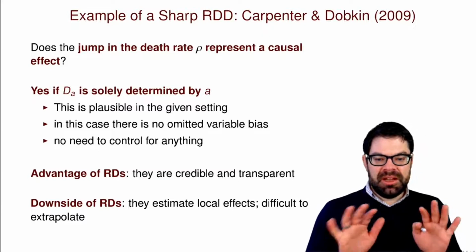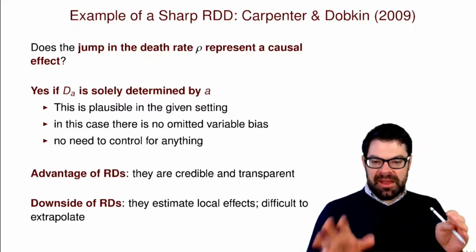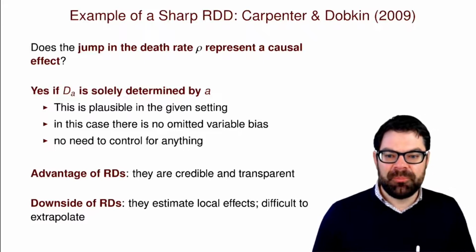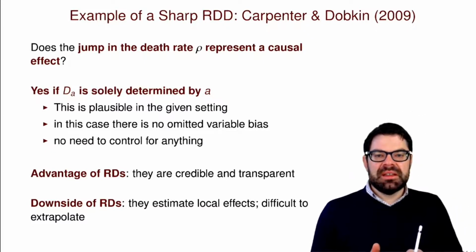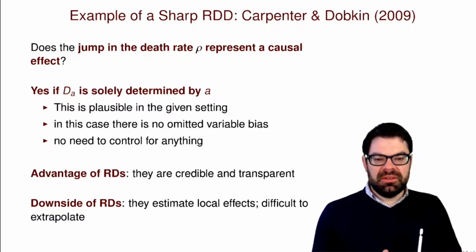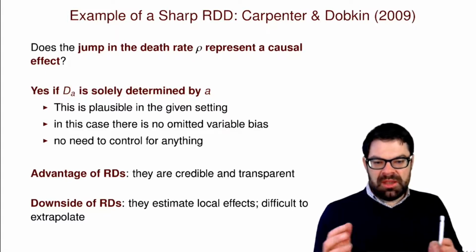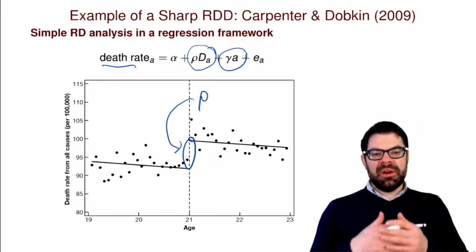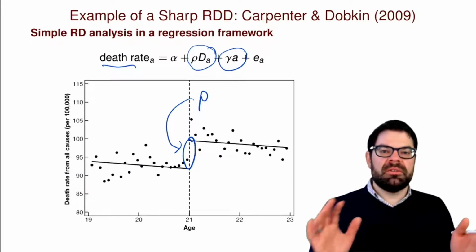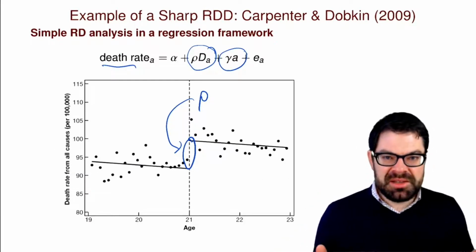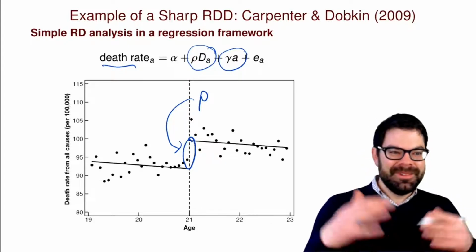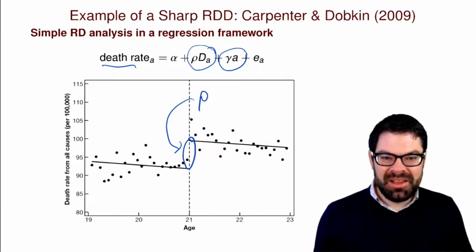And here you can already see the advantages and disadvantages of regression discontinuity designs. The advantage is that regression discontinuities are, if done well, credible and transparent, right? It's oftentimes hard to explain what an instrumental variable estimator really does to anyone who is not an econometrician, as in, to most people.